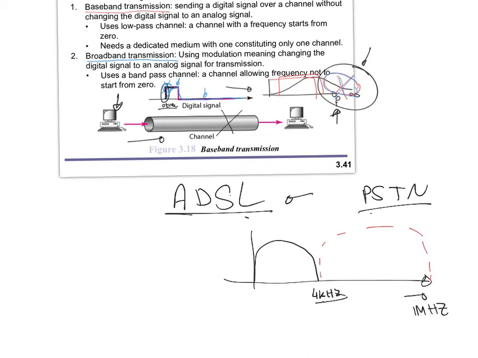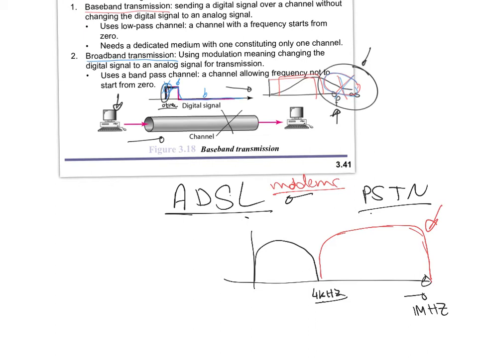So what they did is that they used what we call ADSL modems. The exact purpose of these modems is to convert the digital signal of our data into analog signal in the remaining range above 4 kilohertz.